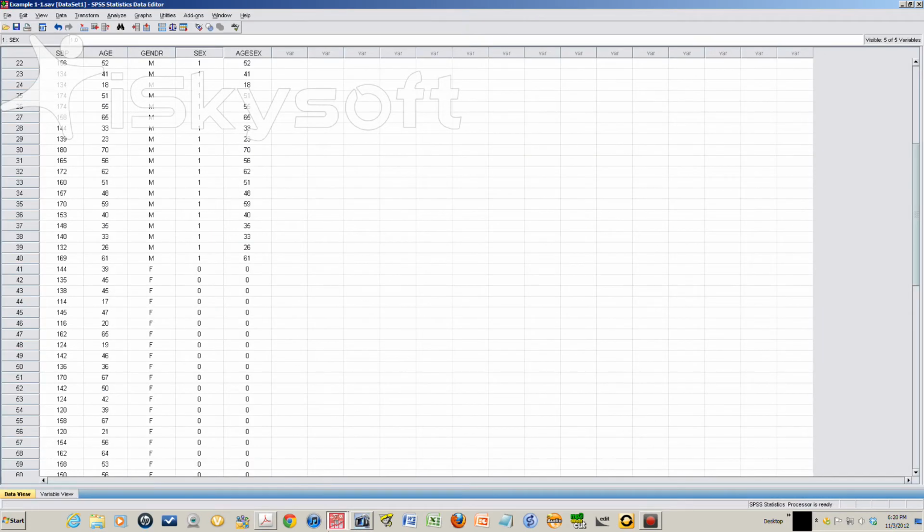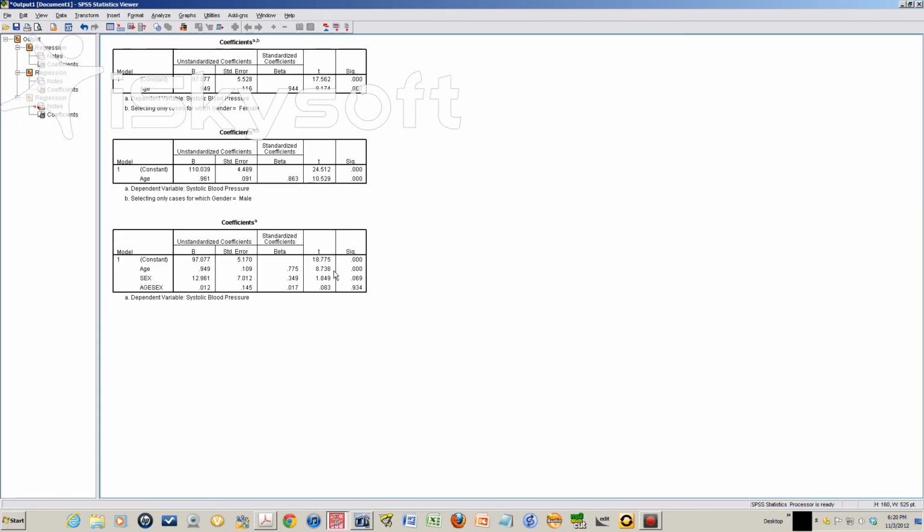Here, if you look at the output in that SPSS, you see this is the multiple regression. This 12.96, the unstandardized coefficient of the dummy variable, is always the difference in the outcome variable between the two groups.